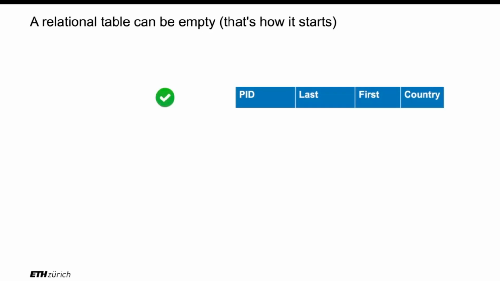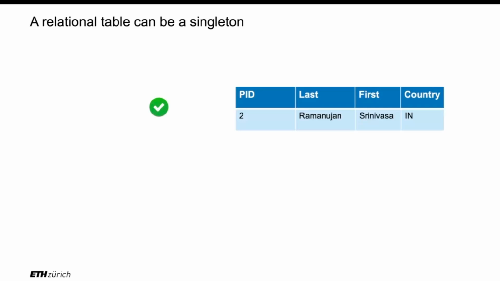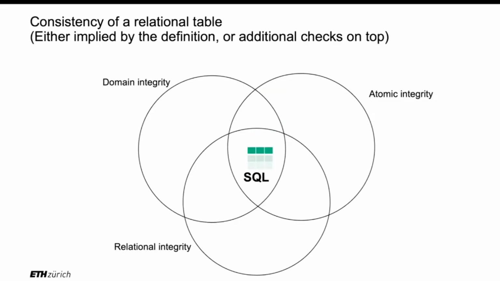It's entirely possible for a table to be empty, right? You could create a spreadsheet and put the headers and there's no record, right? That's perfectly fine. It's also perfectly fine for a relational table to have just one record. That's also fine, right? So we are going to build the math for that.